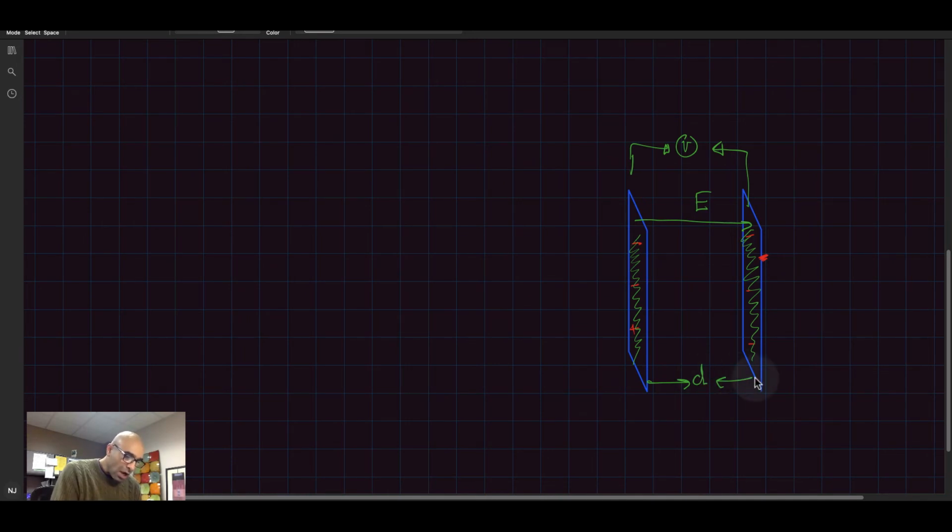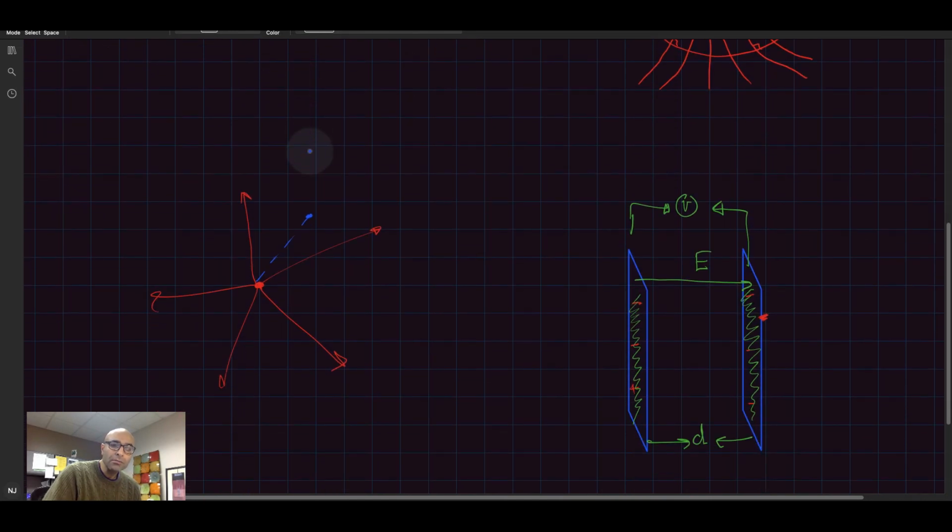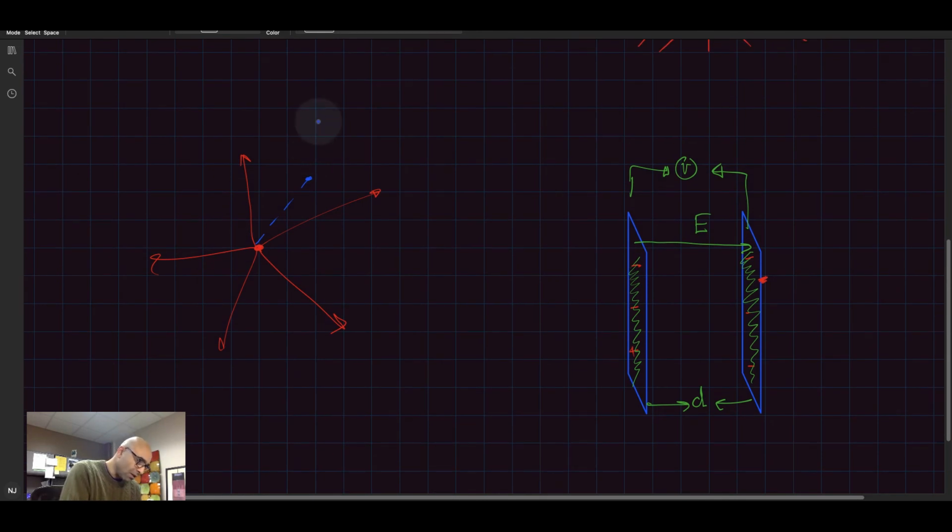Or what is the relationship between the potential difference, the electric field, and the distance between the plates? There's a way to do that, but let's look at a point charge. So if we have a point charge here radiating electric field lines all over the place, we want to find out the potential here.